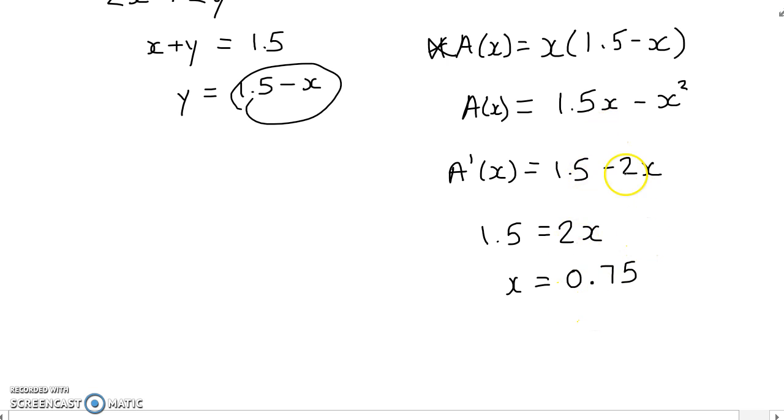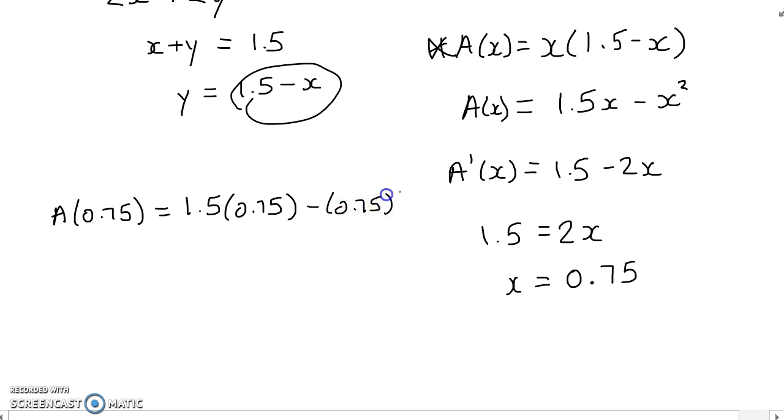And so we'll plug in for x as 0.75, so A of 0.75 will equal 1.5 times 0.75 minus 0.75 squared.